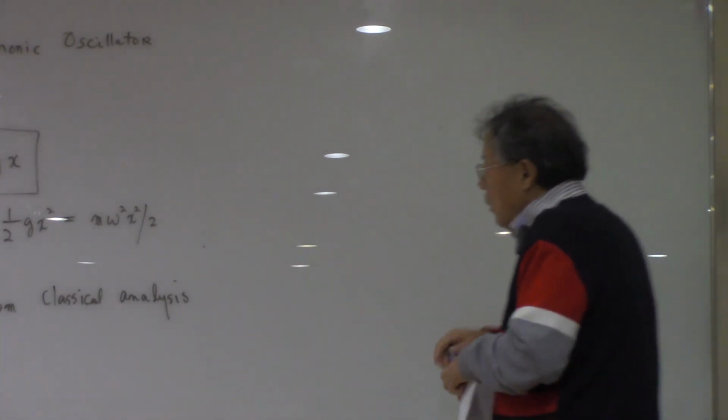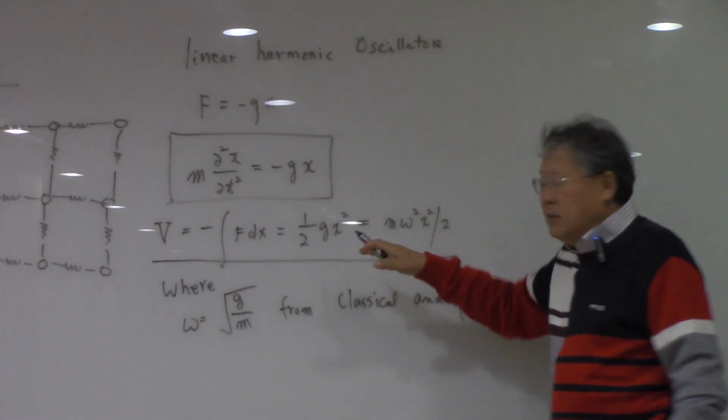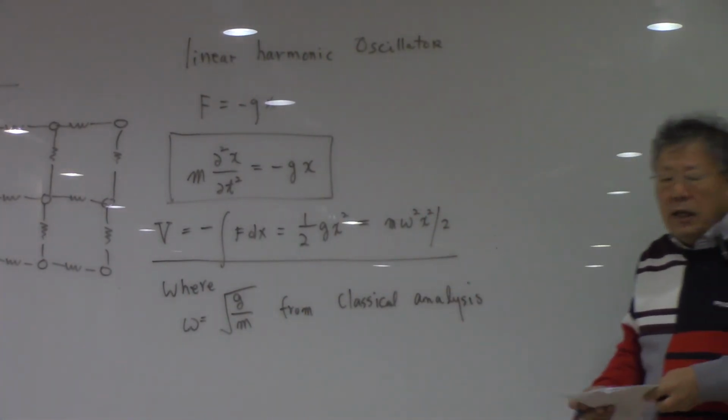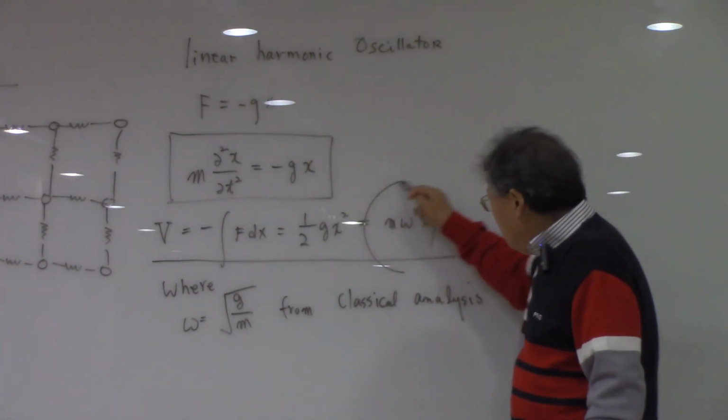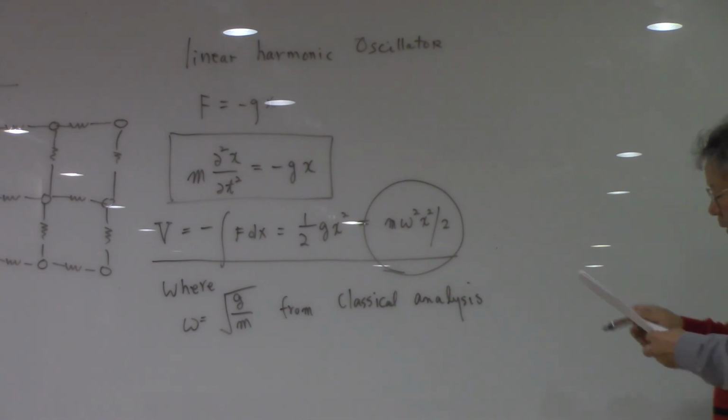Okay. So in a free electron case, this potential energy is nothing but 0. But in an oscillation, it is not 0 anymore. It has some values.